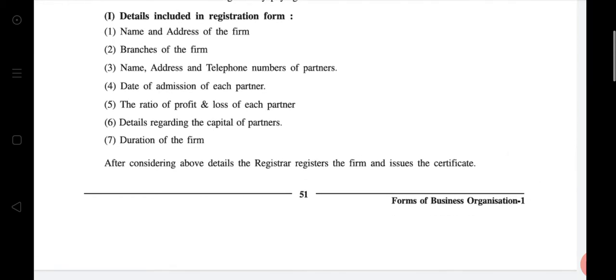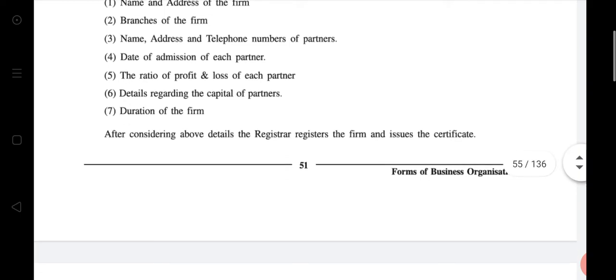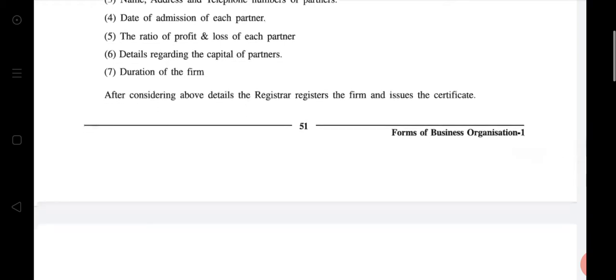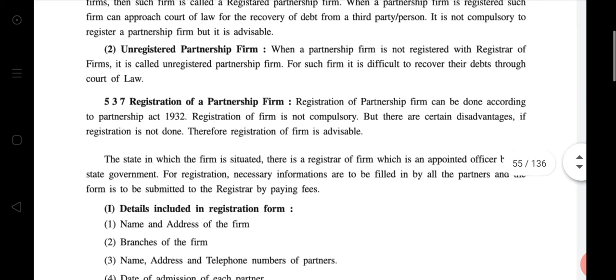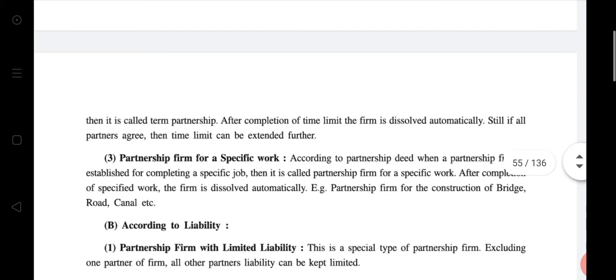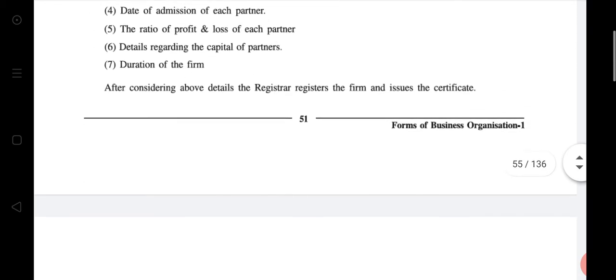Then the profit and loss ratio of partners, then capital of partners, that means how much amount each partner brings as capital, then duration of the firm. If the partnership is established as a term partnership firm, then the duration of the firm is noted down.